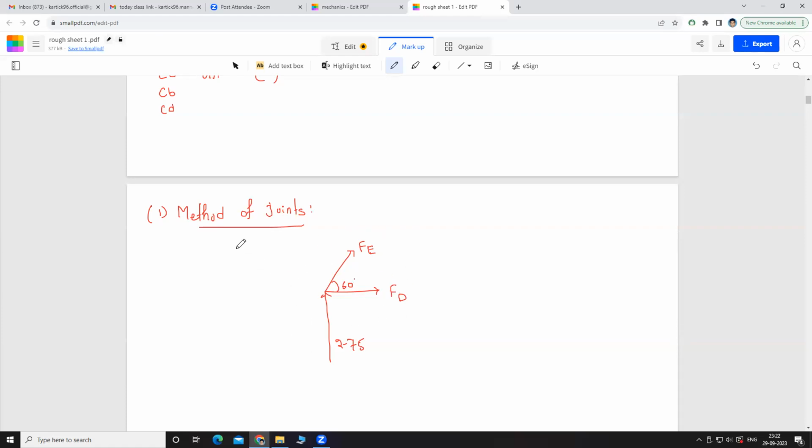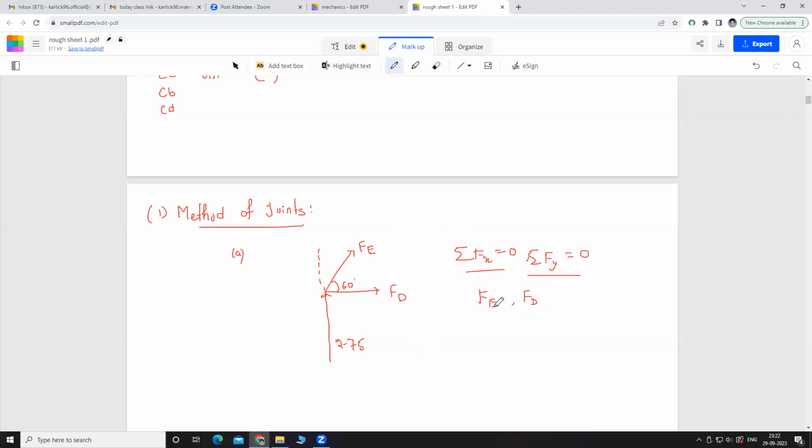Now for this one, you can use summation of Fx equal to 0 and summation of Fy equal to 0. You know this angle, so you can take the components of Fe. So two equations and two unknowns, so obviously you will get the two values Fe and Fd.